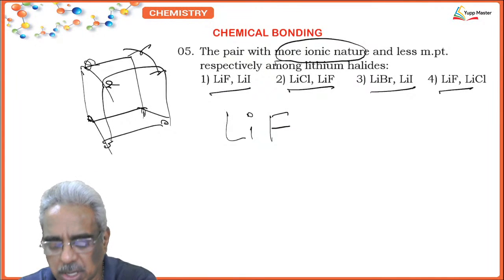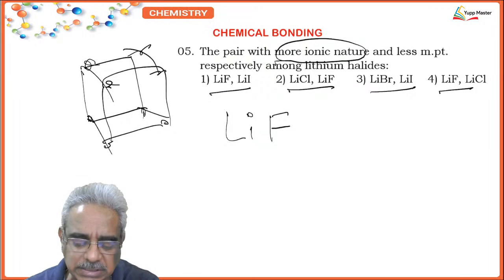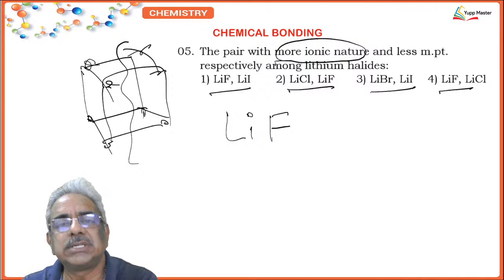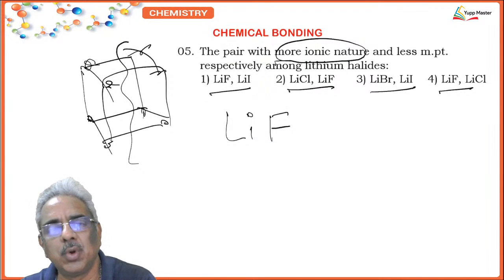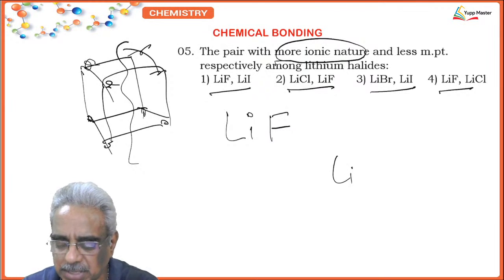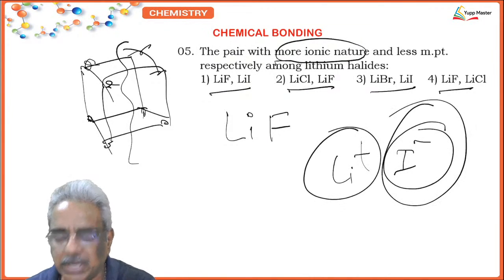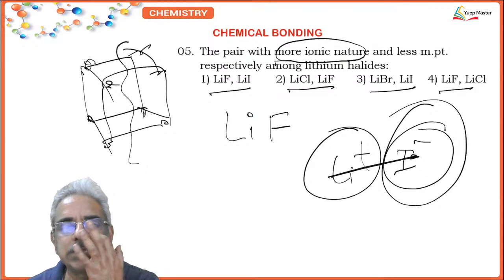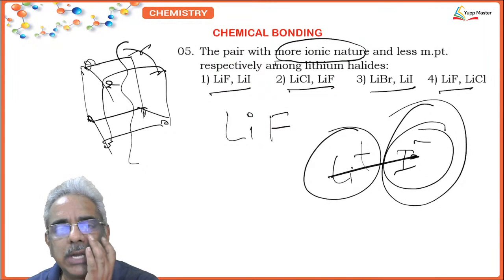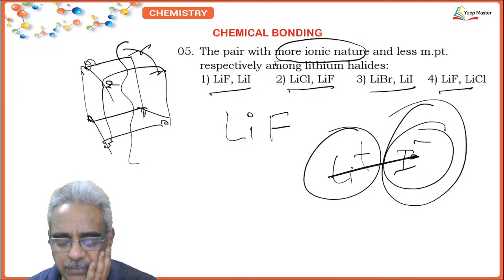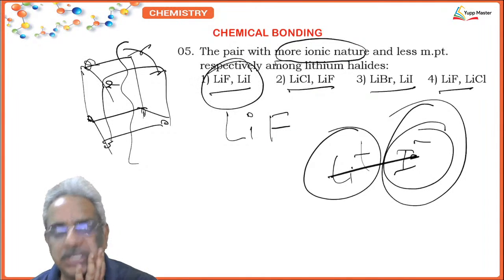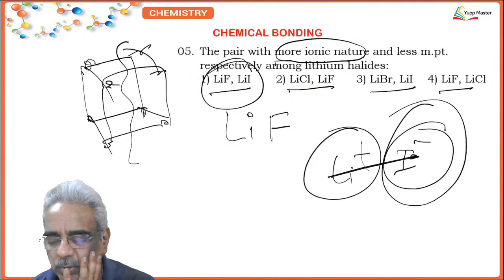Now, to break this lattice, if the attractions are poor, the lattice can be broken easily. With lithium plus and iodide, iodide being very big, the attraction is less, the lattice can be easily broken, so it will have less melting point. So lithium fluoride and lithium iodide is the answer for the question.